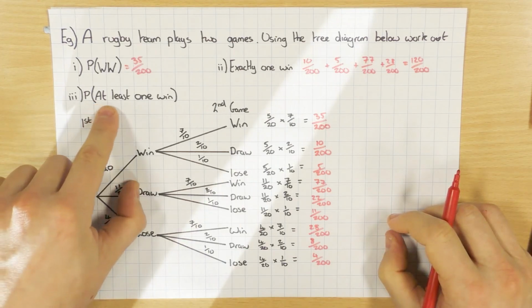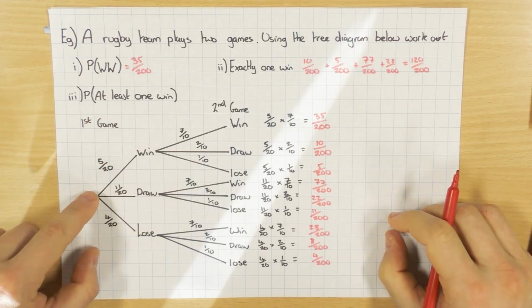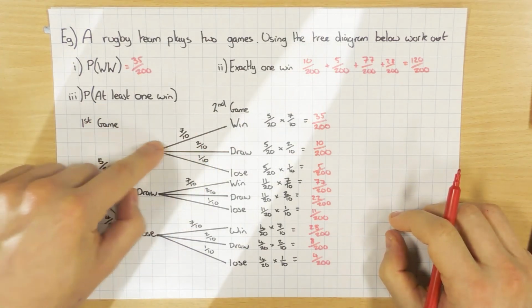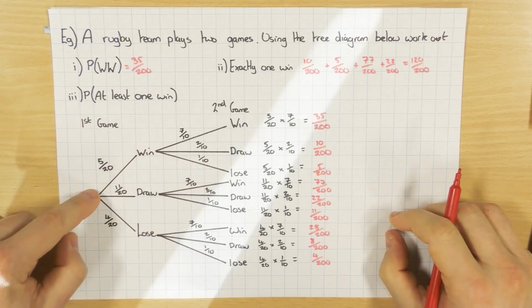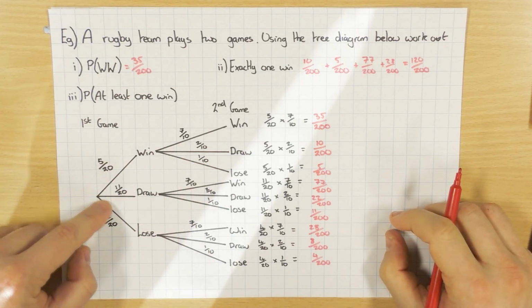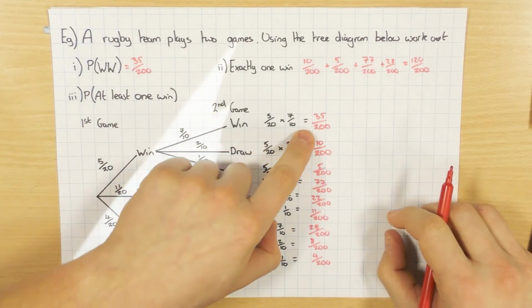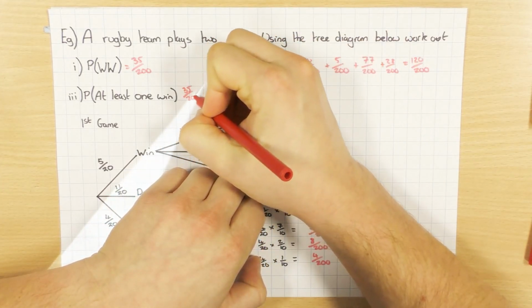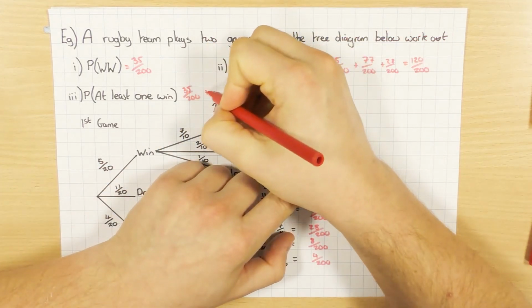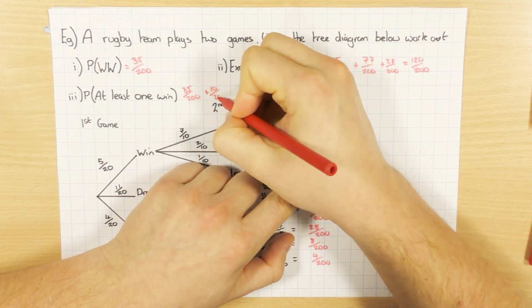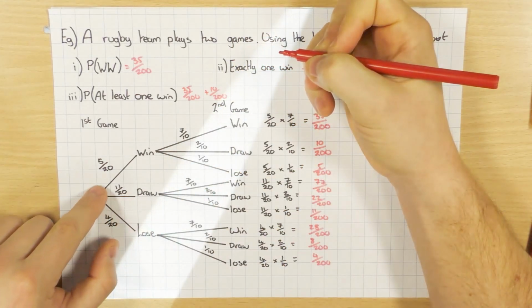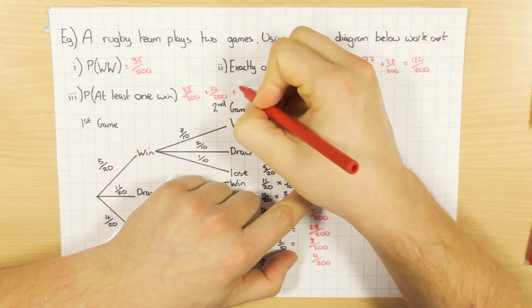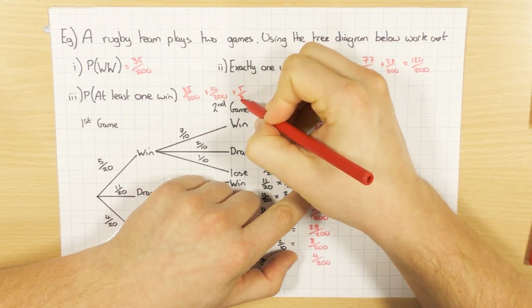And this one here, at least 1 win. So I could have win-win, win-draw, win-lose, draw-win, and lose-win. So let's write them out. So I'll have win-win, because at least one of them is. So that's 35 over 200. Win-draw, that's 10 over 200. Win-lose, that's 5 over 200.